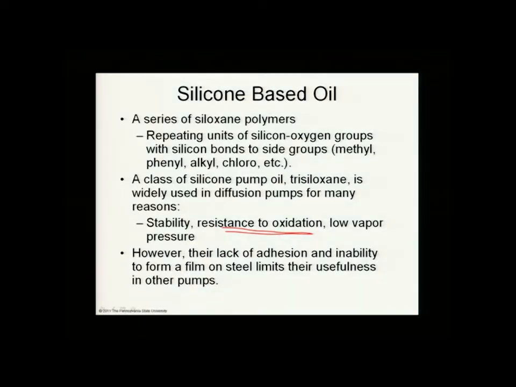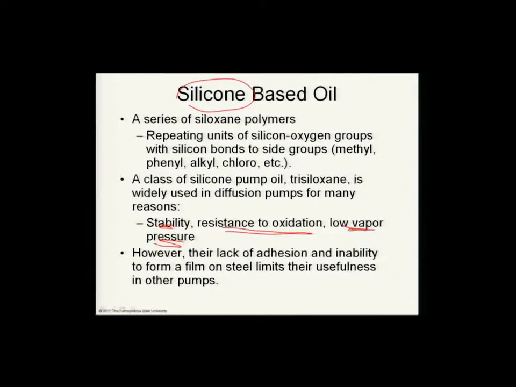They have low vapor pressure, which of course stops or reduces the backstreaming, and they're stable even though these oils are being repeatedly heated. This particular type of oil is stable. However, their lack of adhesion and inability to form a film on steel limits their usefulness in other pumps. So they're not very good for any kind of lubricating function, but they are good in this oil jet function.